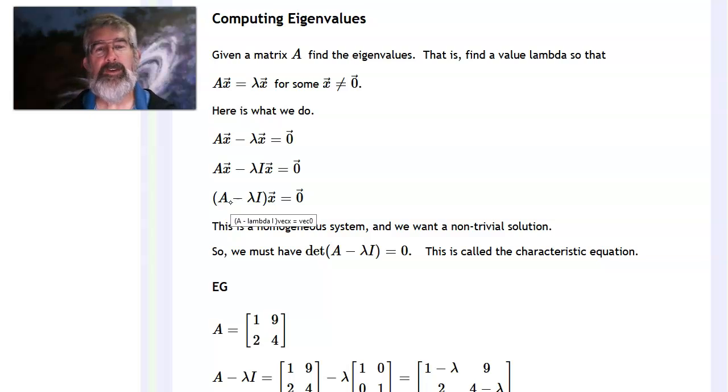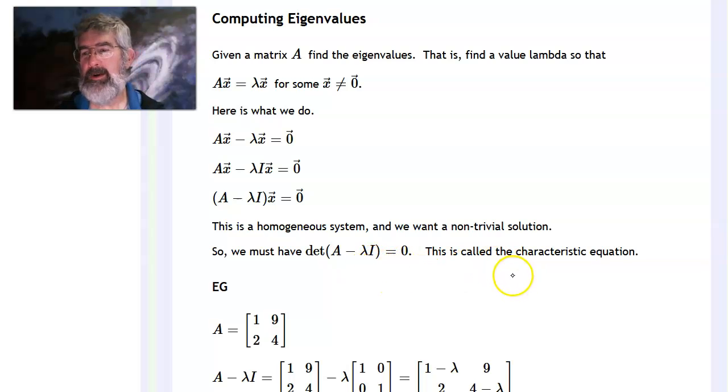So what I want to do is find when A minus lambda I is not invertible. And I know that's equivalent to all kinds of things, one of them being that it's non-invertible if the determinant is 0. So I have an equation that I can now try to solve for lambda.